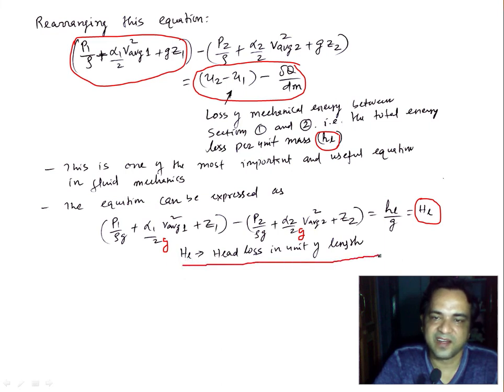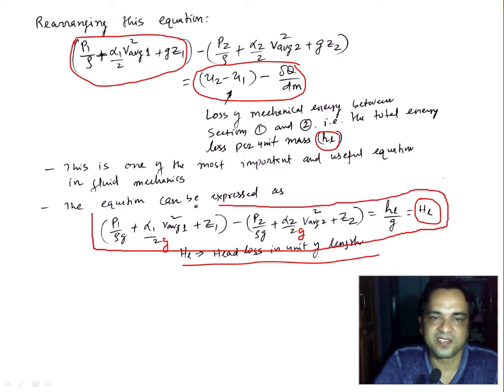Different head losses will take place when the flow takes place inside a pipe. In my next lecture we will discuss in detail the different types of losses, the major loss as well as the different types of minor losses. This expression is very important, so try to remember it.